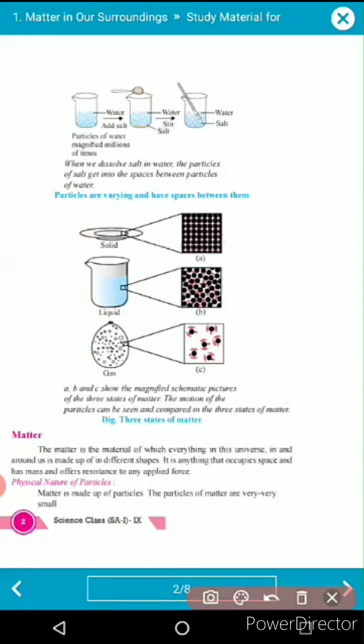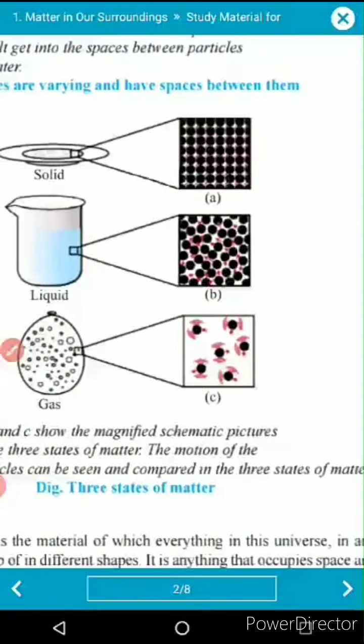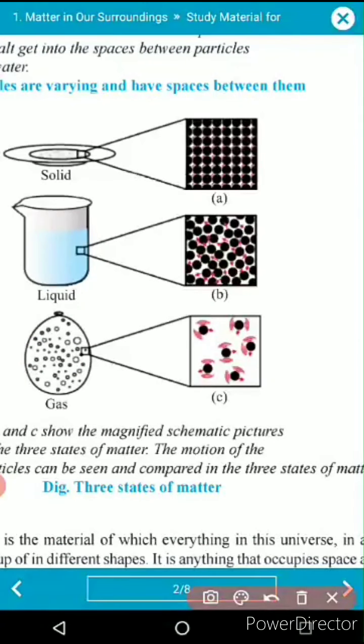See in this figure: in a solid, very small distances are found between the particles, in a liquid there is more space compared to the solid, and in gases lots of space is available between the molecules.